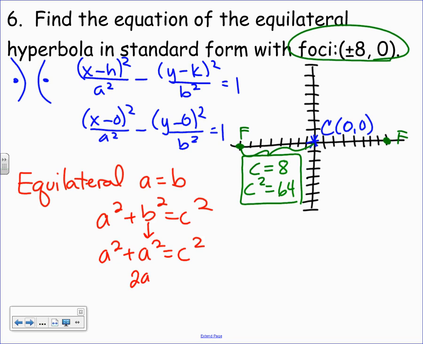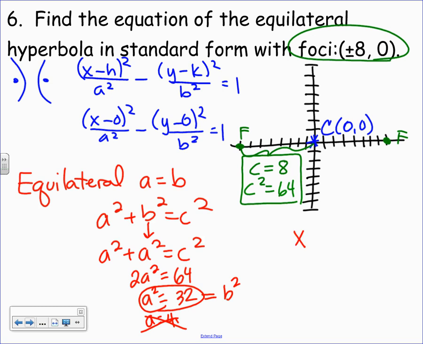So 2a squared equals 64. If I divide by 2, I get a squared equals 32. Well, I need a squared. I don't really care about the rest. And a squared and b squared are the same thing, so b squared also equals 32.